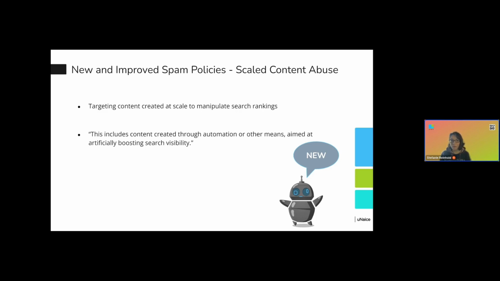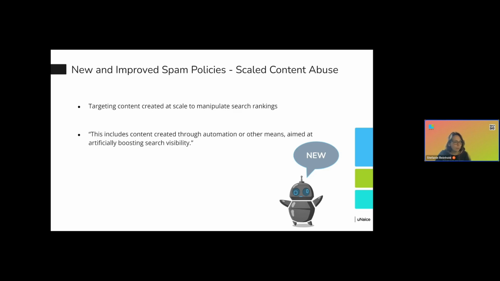These pieces of information show the engine that this is not content that has been scaled just to have content. So that is what is meant by manipulating the search rankings. It's really about scaled content that was specifically written just for the rankings, just to put keywords in there and get content out of there.